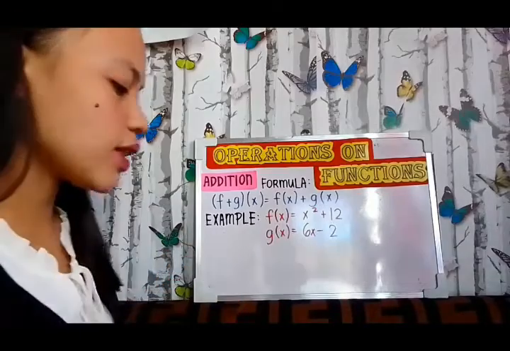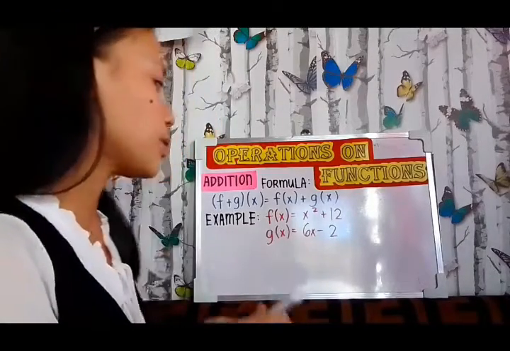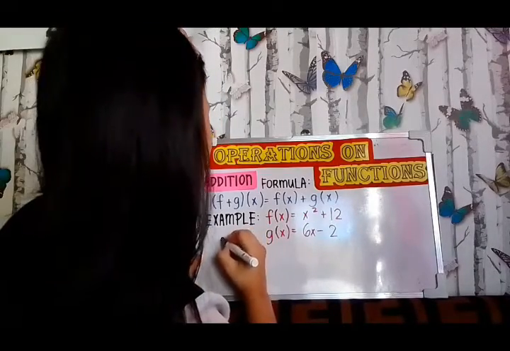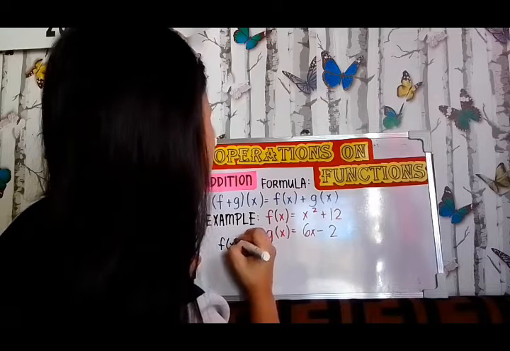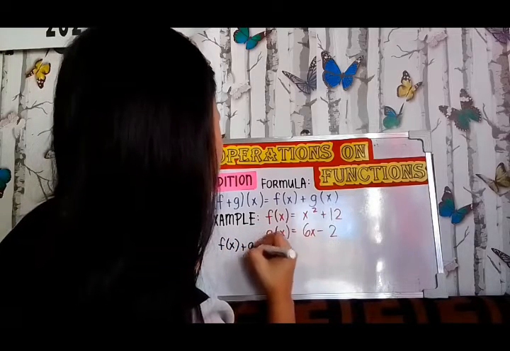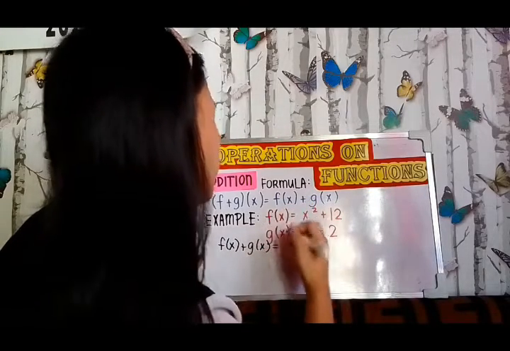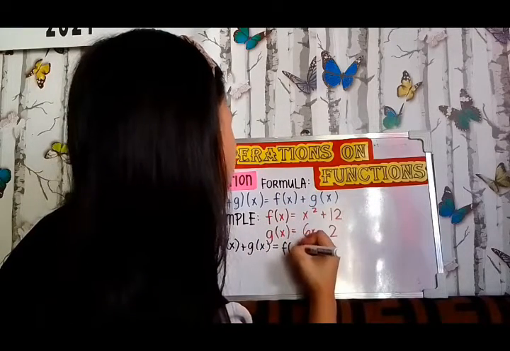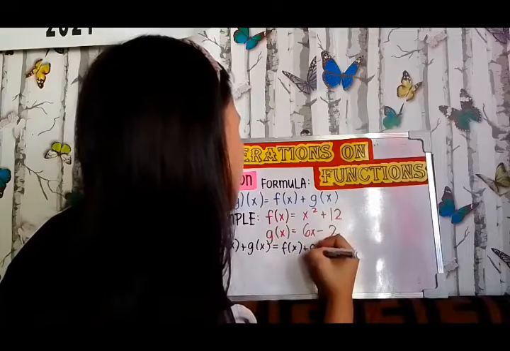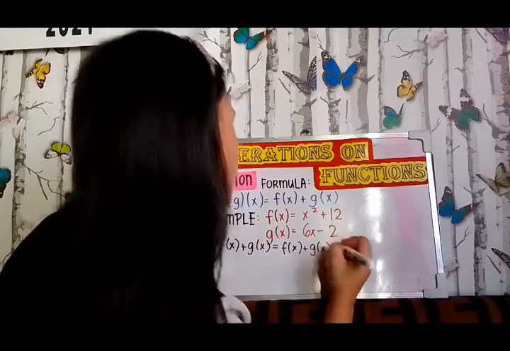So we're going to rewrite the formula: (f + g)(x) = f(x) + g(x).